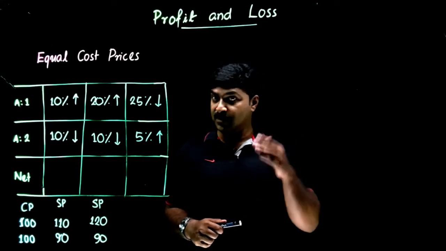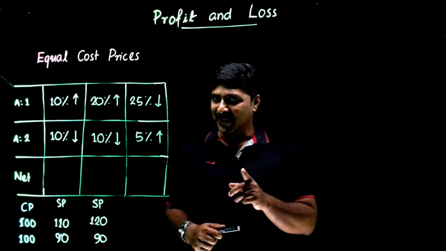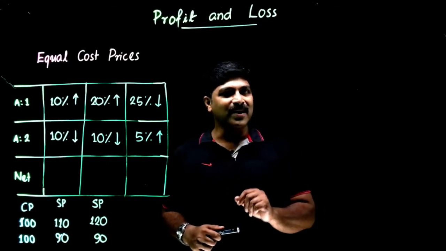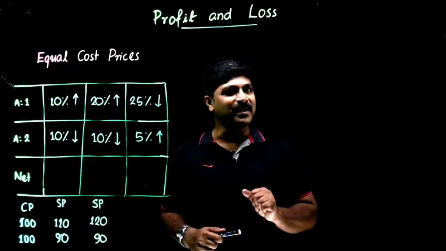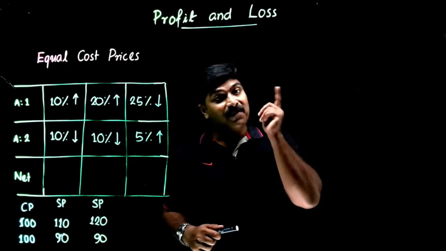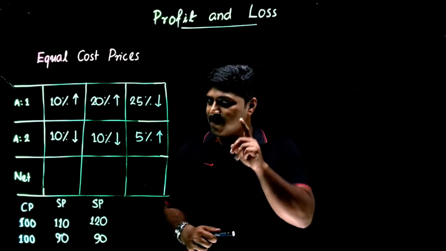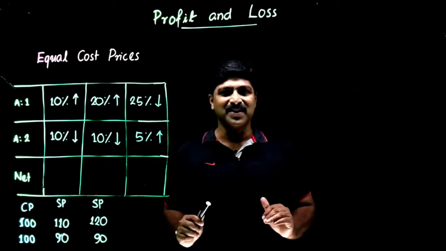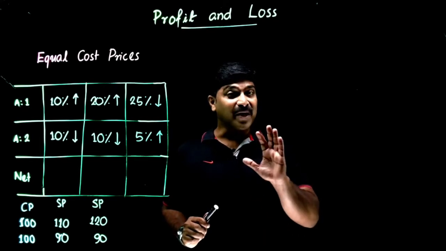Can we consider that as 10%? No, because your cost price is 200 and you made a profit of 10 rupees. Then 10 is what percentage of 200? That's your profit percentage. 10 out of 200. What is the profit percentage? 5%.